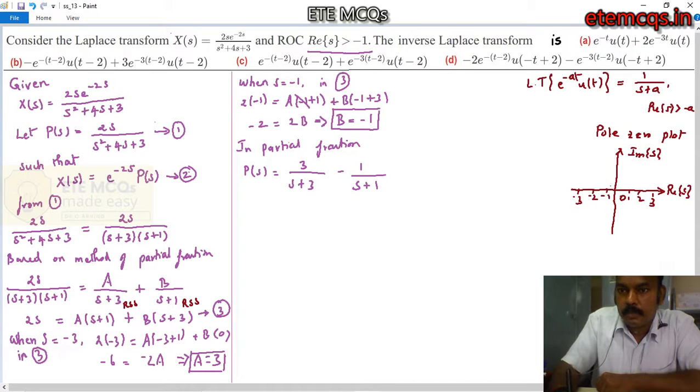You have a pole at minus 1 and a pole at minus 3. A pole is represented by an x. So you have two poles.